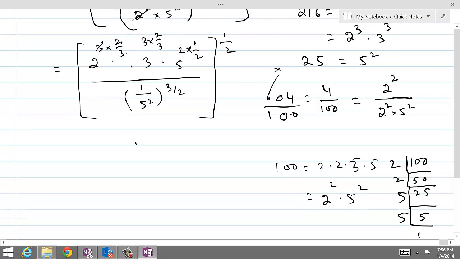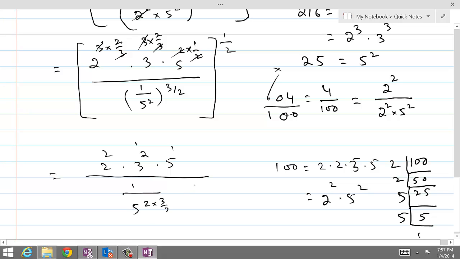So now this 3 will get cancelled with this 3, this 2 will get cancelled with this 2, and we have now 2 power 2 here, 3 power 2 here, and 5 power 1 here, and this 1 over 5 can be written as 1 over 5 power 2 times 3 over 2, and still we have 1 over 2 on the top.